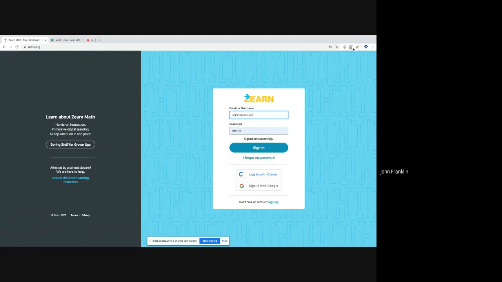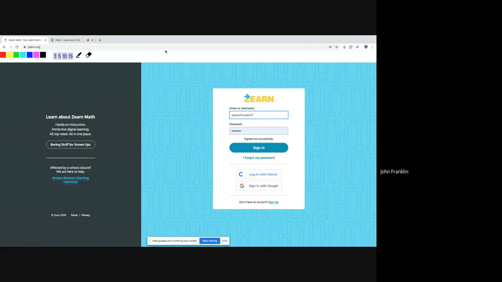Basically, it's an extension. I could show you guys how to get it sometime, but the gist of it is that when you hover over it, it says if you can do it on the site or not. When you click on it, it enables these bars over here, and then you can write on it. So if you were doing some sort of math problem and you want to draw an array to explain what you were doing better, you can do that.